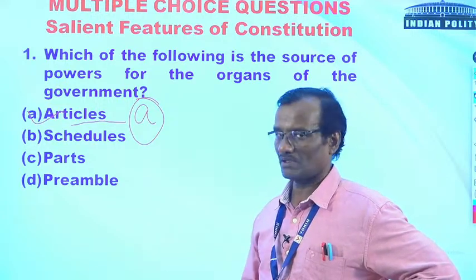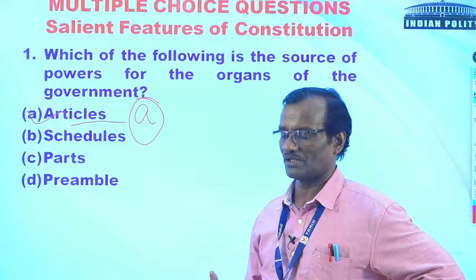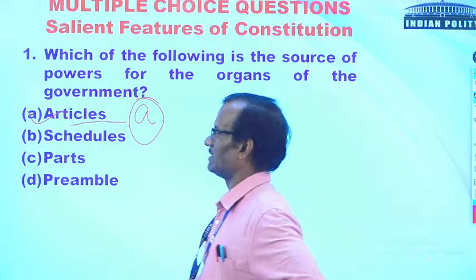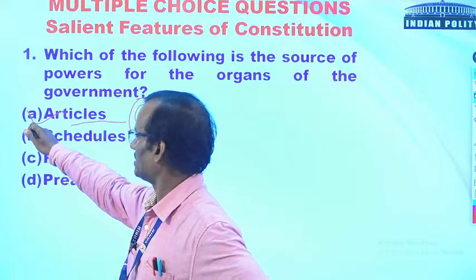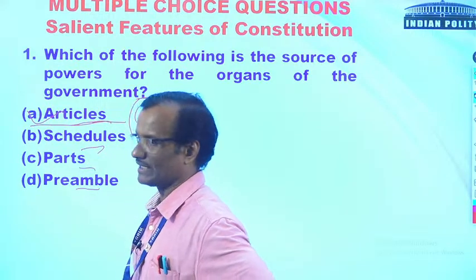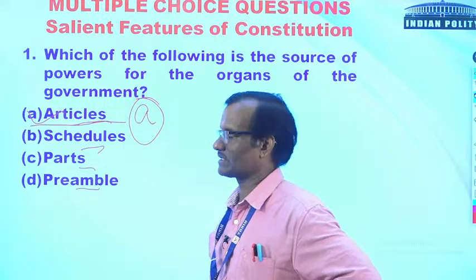So whatever powers we are talking about in a democratic country like ours, whether it is citizen, whether it is government, that is mentioned in an article first. So articles are the real source of power, not the schedules or parts. These are the constituent parts of the constitution, but not the source of powers.